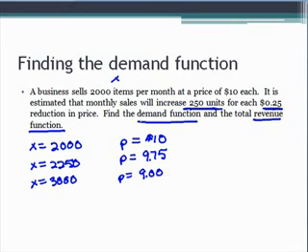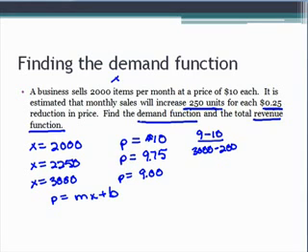So the equation that we want to come up with is the price equal to mx plus b. Let's find our slope. Our slope is going to be 9 minus 10 over 3,000 minus 2,000, so negative 1 over 1,000.